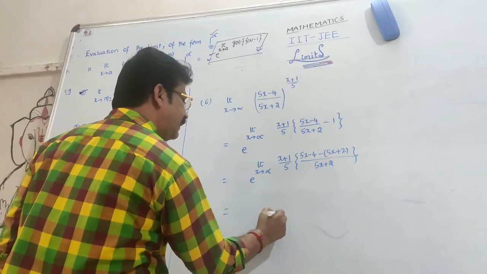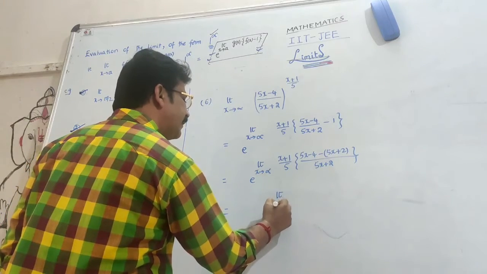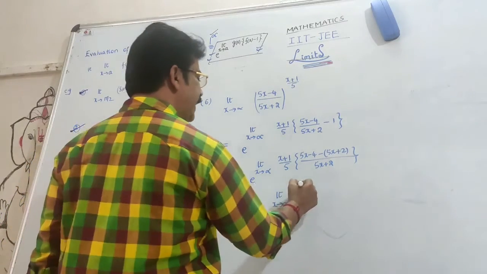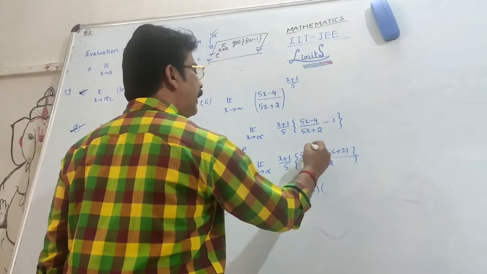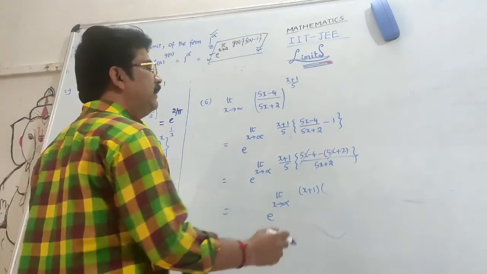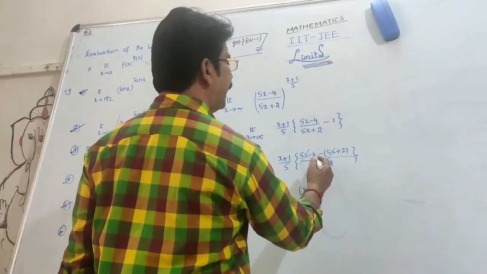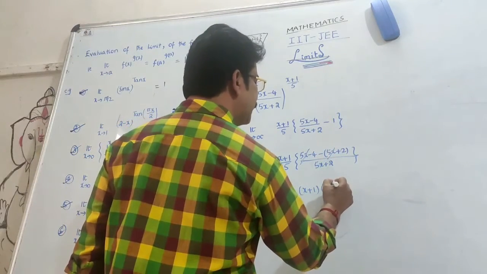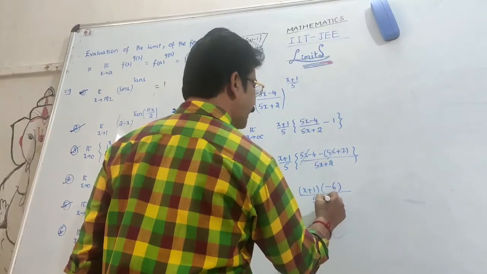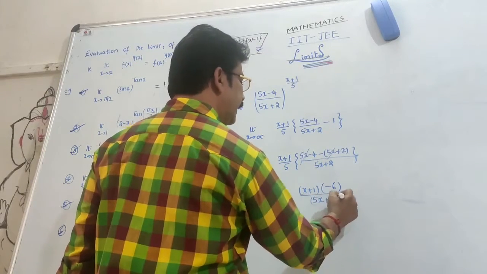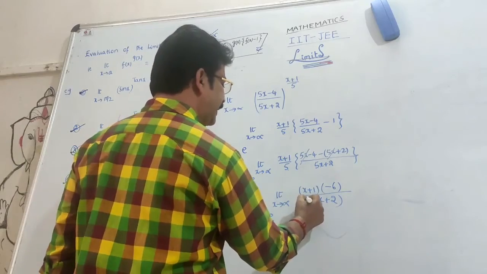Opening this bracket, we get minus 4 minus 6 divided by 5x plus 2, into 5 is there.